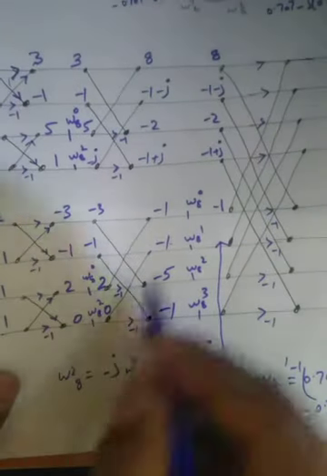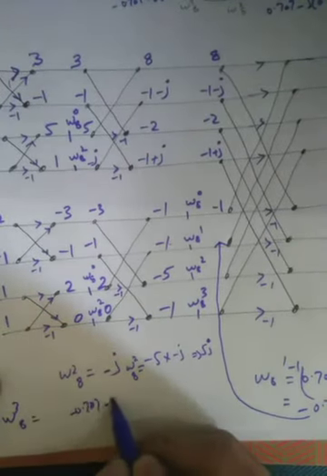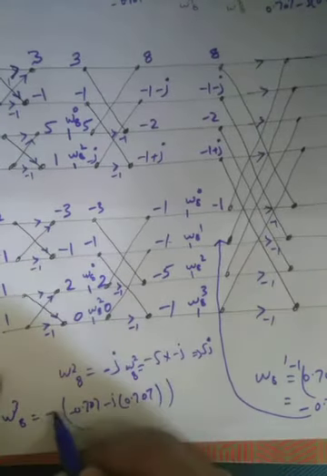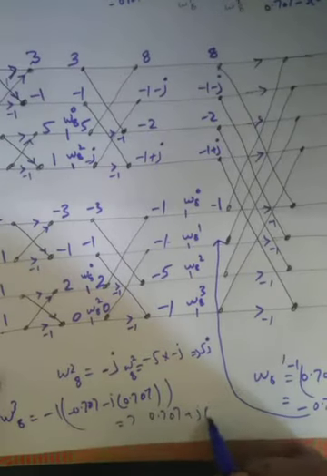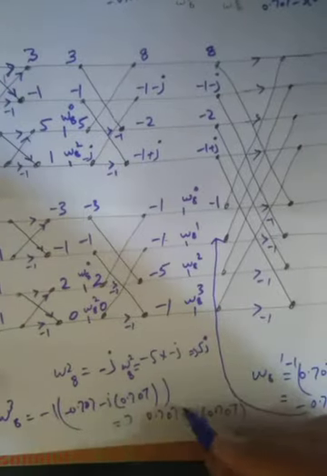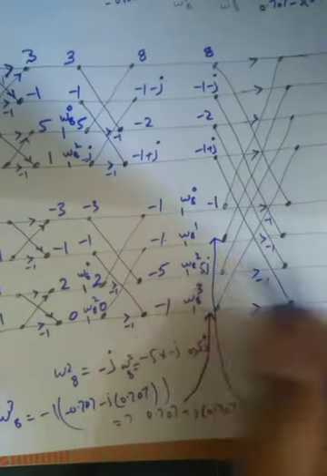And W8 of 3 similarly is equal to minus 0.707 minus j into 0.707. This will be multiplied by minus 1, and this will become 0.707 plus j into 0.707. So I will put this value here, and then here we have the 5j.